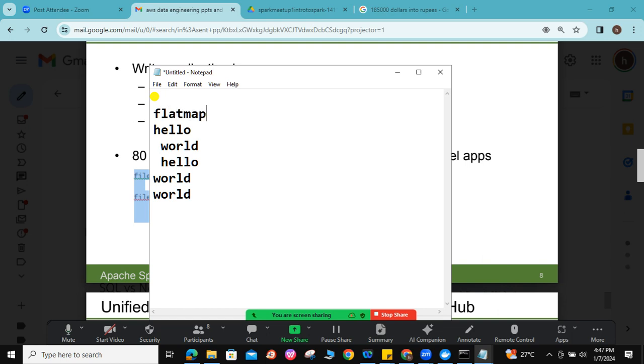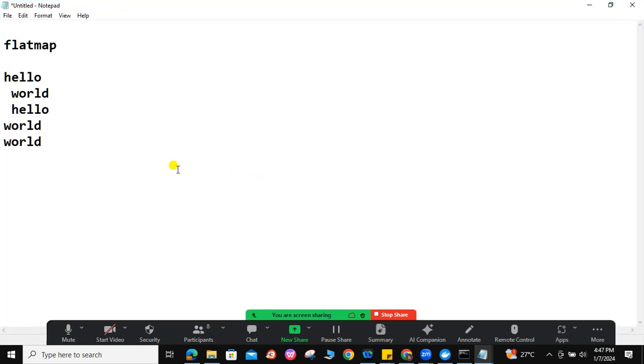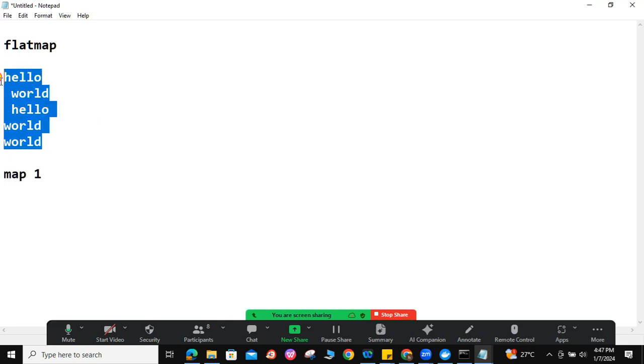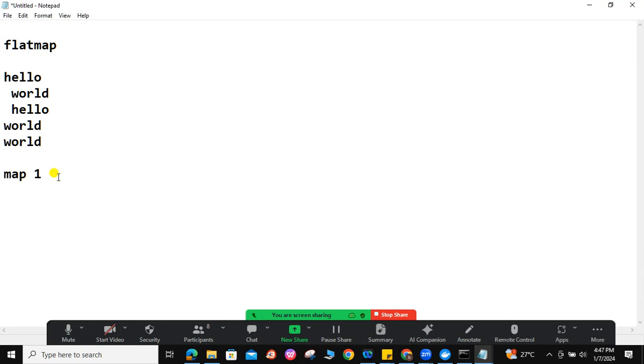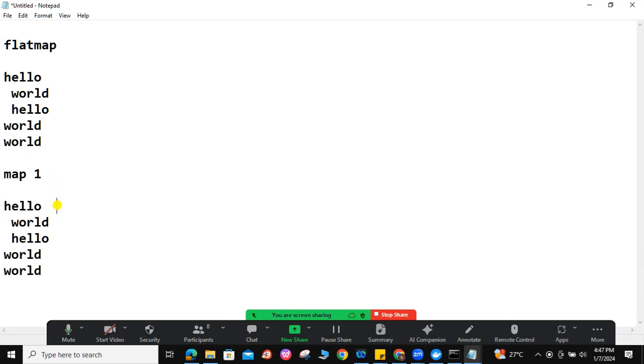Then with map you give 1. That means for everything it just adds 1 so that at the end you can count with group by or group by key, whatever you give, you can count.